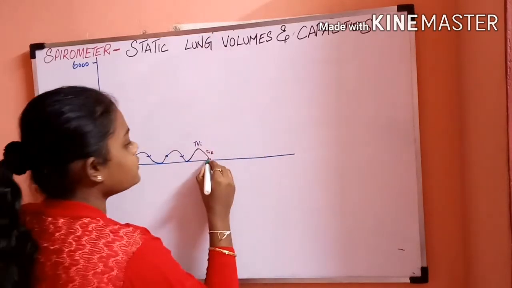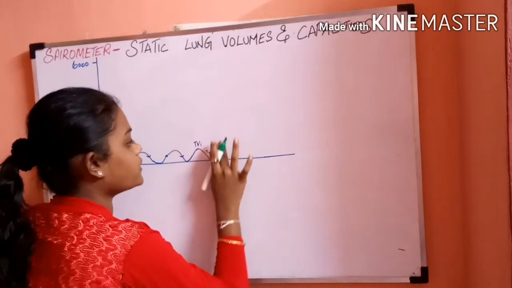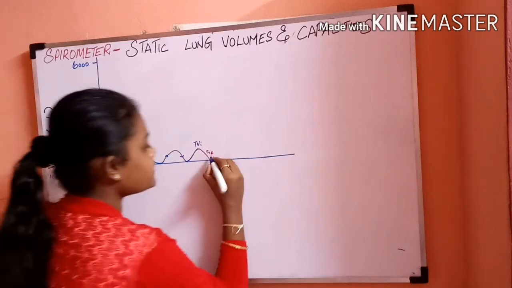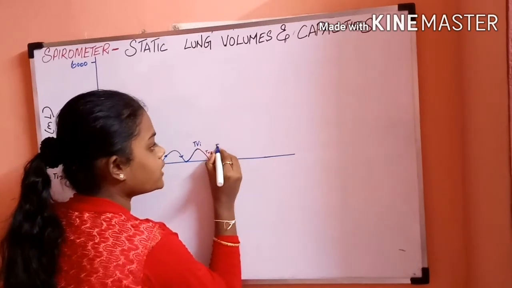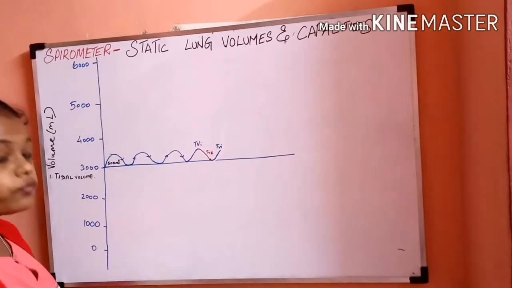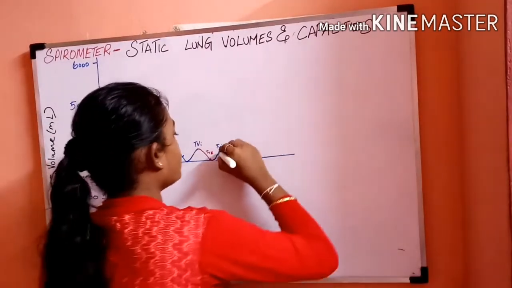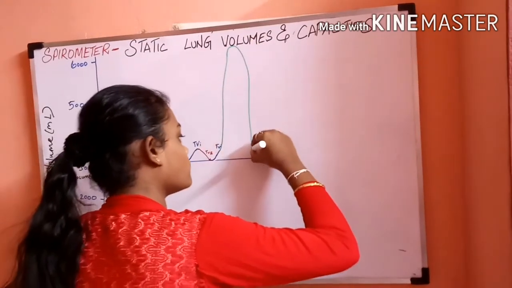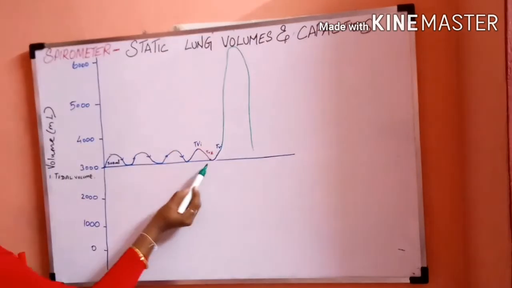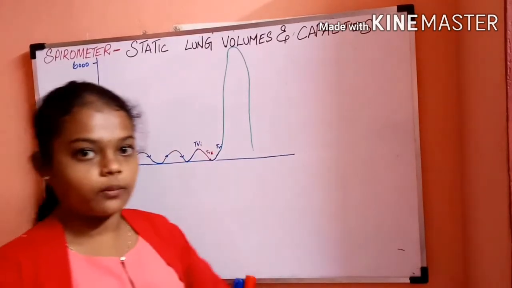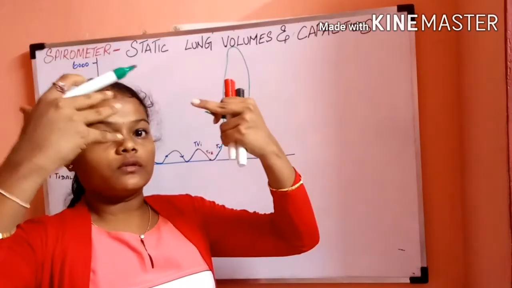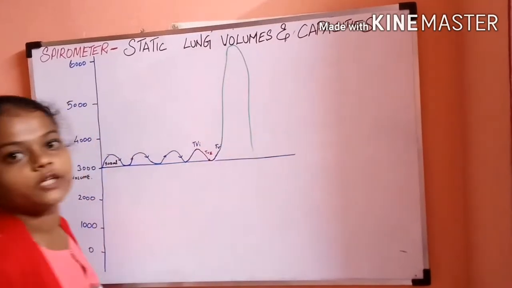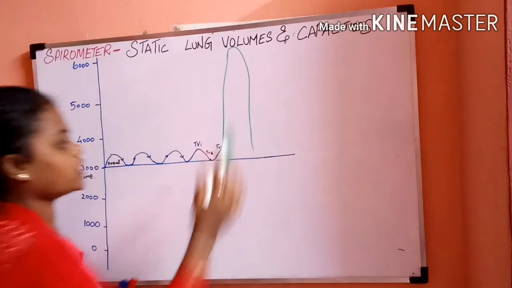I have told you this is the inspiration, this is the expiration part. Inspiration forceful நடக்கிறதால the graph is going upwards. First I should remember this. First normal respiration, normal tidal volume inspiration. Next, forced inspiration. Forced inspiration appa it moves like this. Normal inspiration, forced inspiration. இந்த forced inspiration என்னன்னு சொல்லுவாங்க?